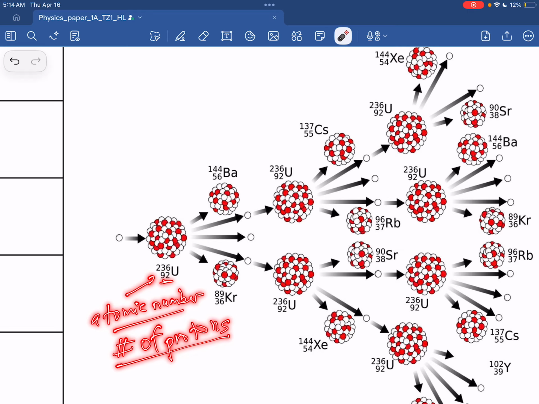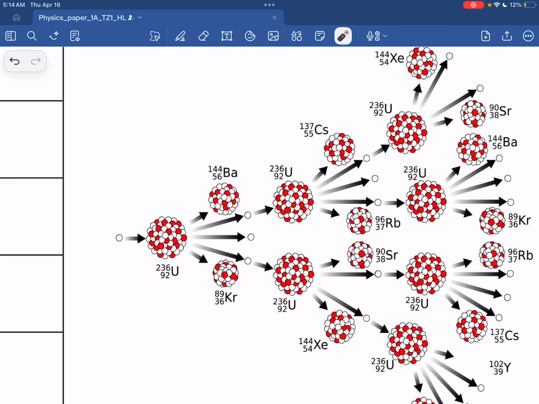for different elements. So 92 is uranium, 36 is krypton, and 56 is barium. Different elements will have different atomic numbers, and the number above, to the left of the element symbol, should be the number of nucleons.